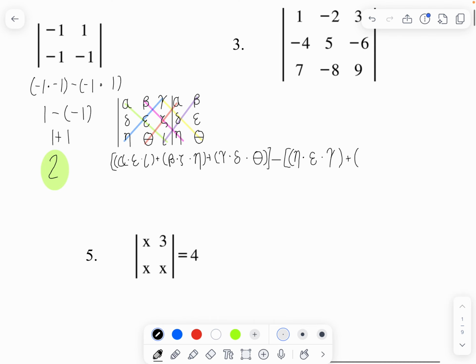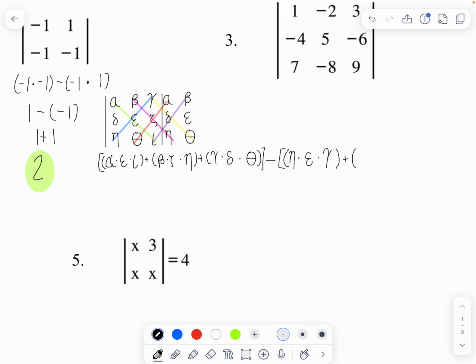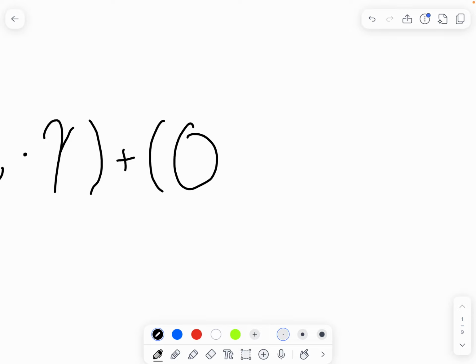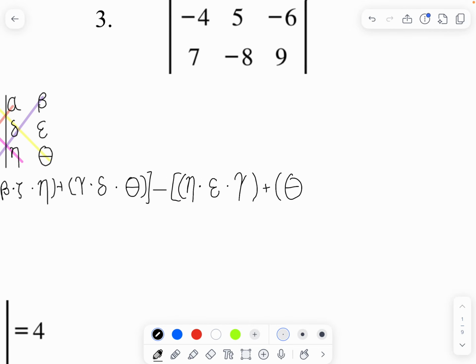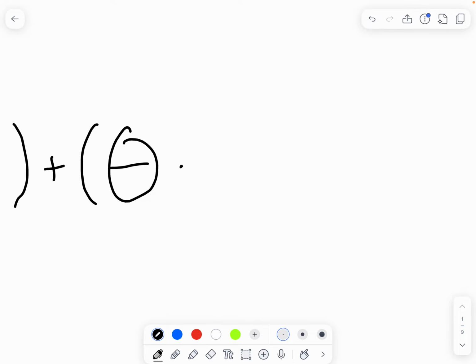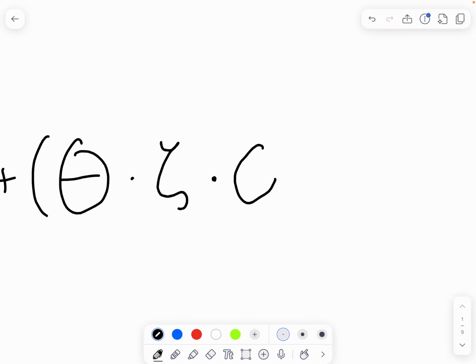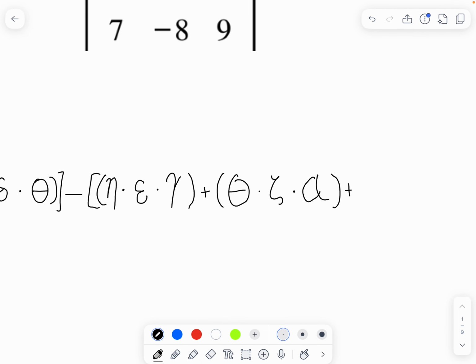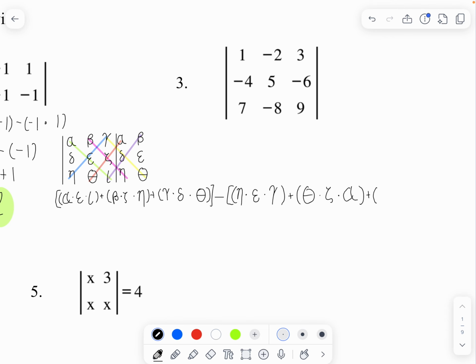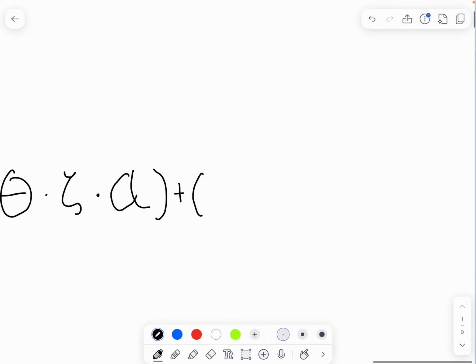And then theta multiplied by zeta, and alpha. And then the last one is iota times delta times beta.